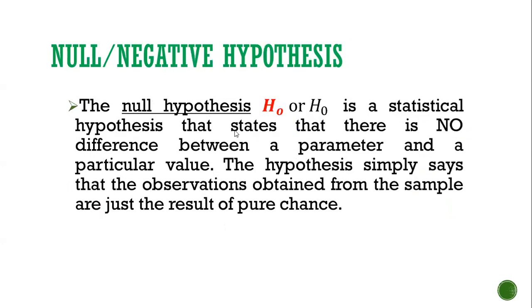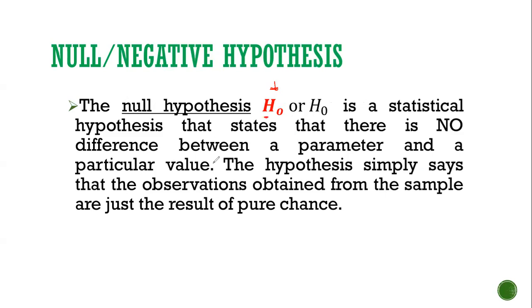We proceed to the types. Okay, we start with your null hypothesis. It says there, null hypothesis can be represented by either H naught or your H sub O or H sub 0. We will be utilizing the one in red, which is H sub O or H naught.